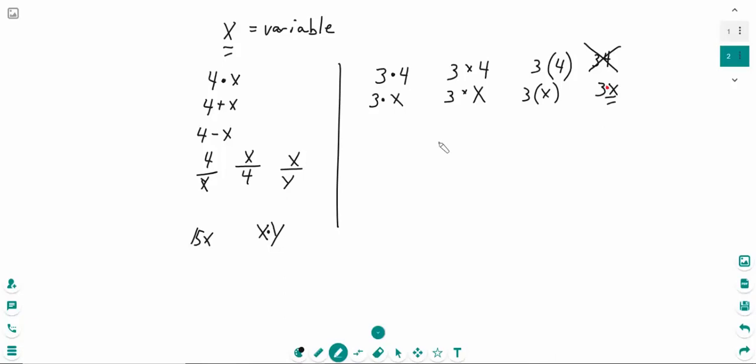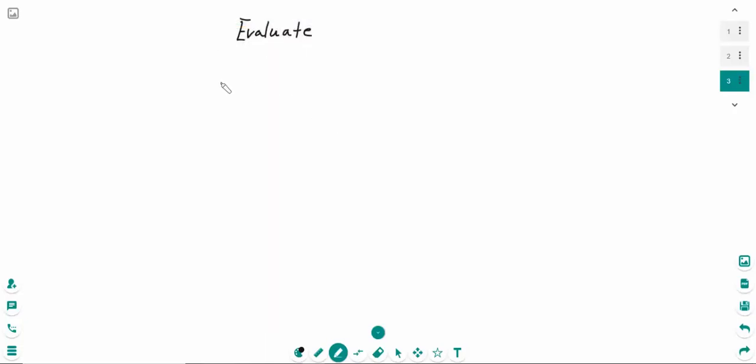Let's see here. Let's move on. And let's try to evaluate some numerical expressions. So that's the next step here. So when we say evaluate, what we're trying to do, pardon my button there, we're trying to find the value for an algebraic expression.